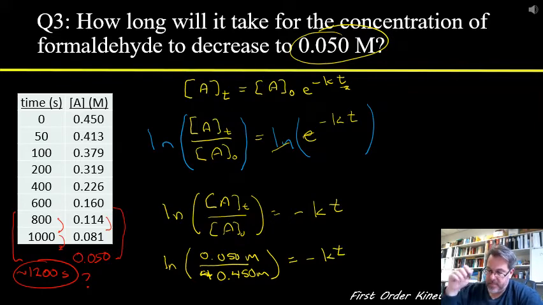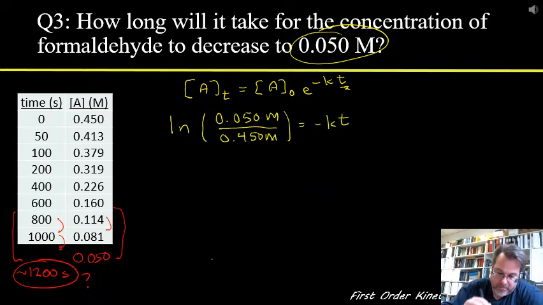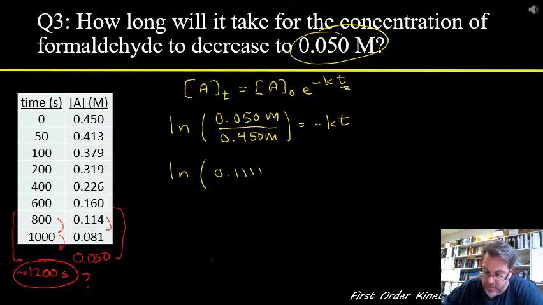All right, give me a minute, I'm going to clear some space for us. All right, so we had the natural log of 0.05 molar divided by 0.45 molar. Put that in your calculator, and that is 0.1111, right? That's 1/9 basically, right?